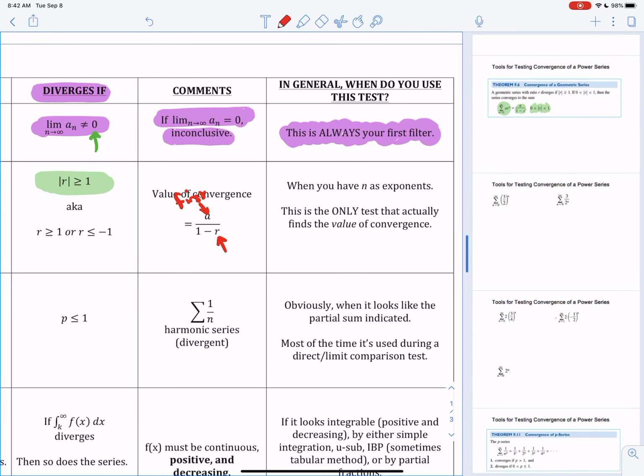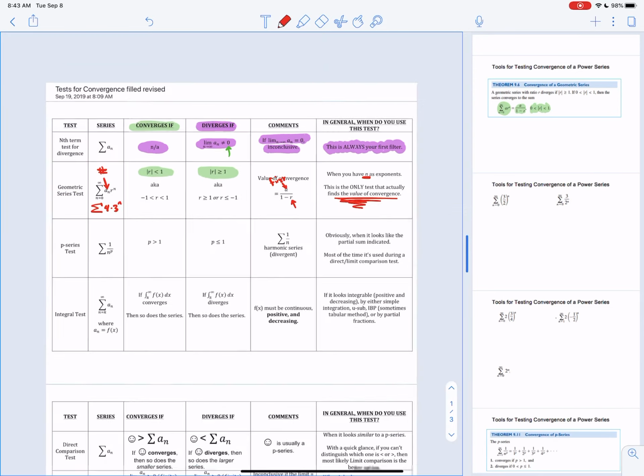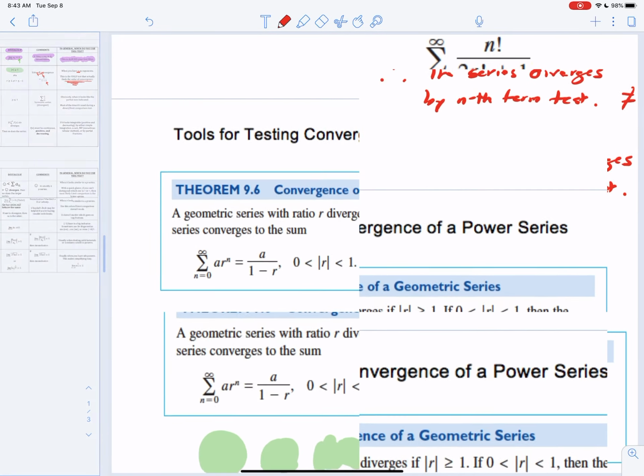How do you know when to use this? Usually when you see n exponents, that's a telltale sign. That is not the only way. There are some cases where it doesn't work, and this is why we're running through every test. And again, this is the only test that actually tells you where it converges. So let's test this out.